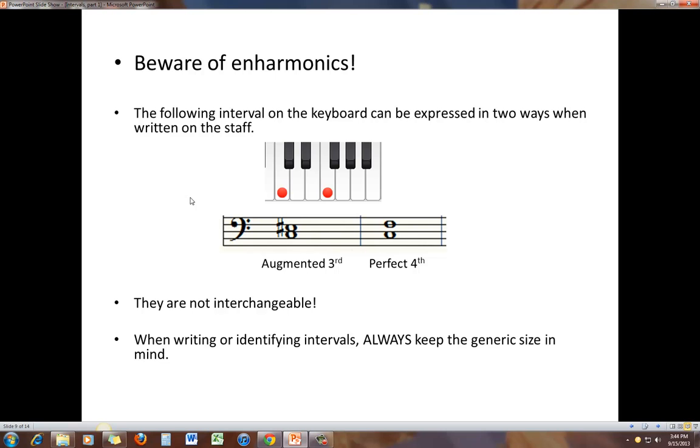The following interval on the keyboard can be expressed 2 different ways when it's written on the staff. So here on the keyboard we have 1, 2, 3, 4, 5 half steps. Looking at the most common way, you would think this is a C to an F. And here we have a C to an F. That's a perfect fourth.